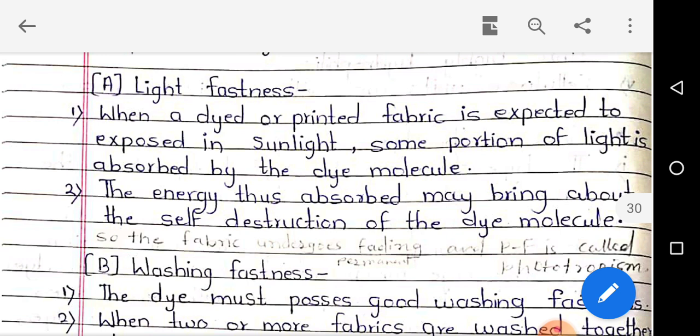Colors are not distinguishable properly. So dyes should be such that they maintain their original qualities, maintain their fastness, their goodness, and last for a long time. This is the quality the dyes should have.